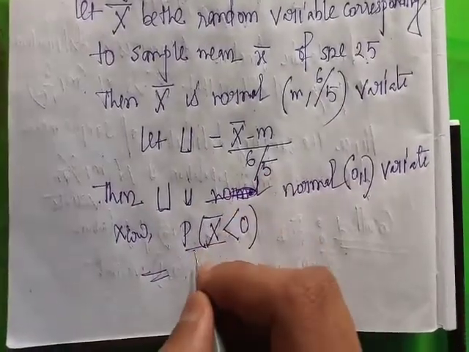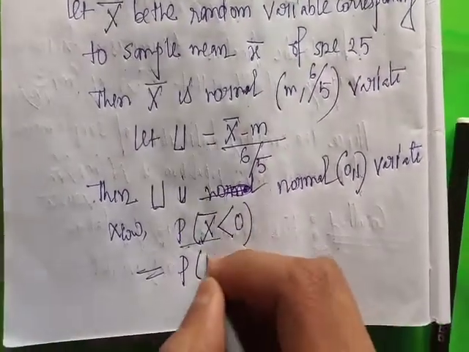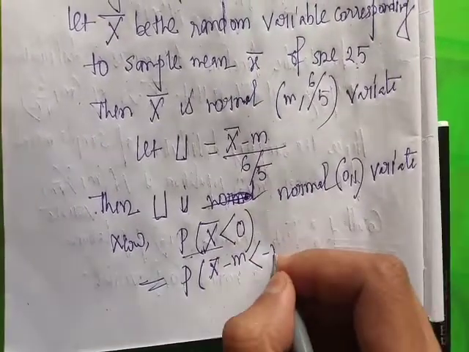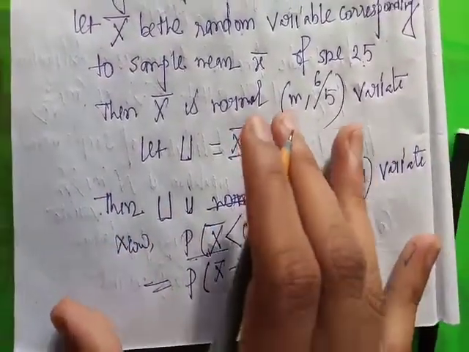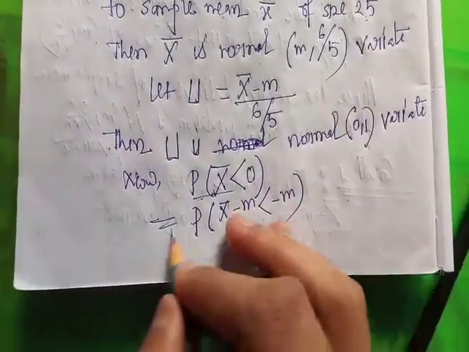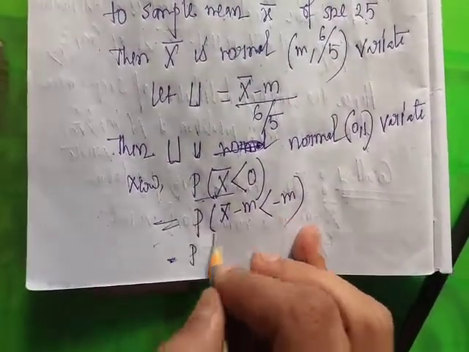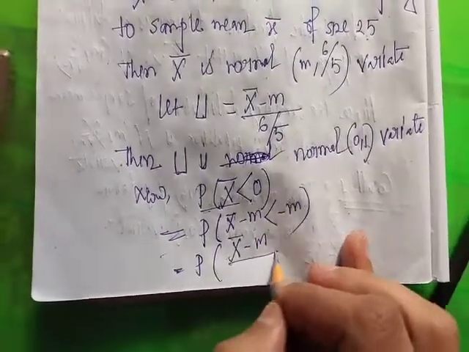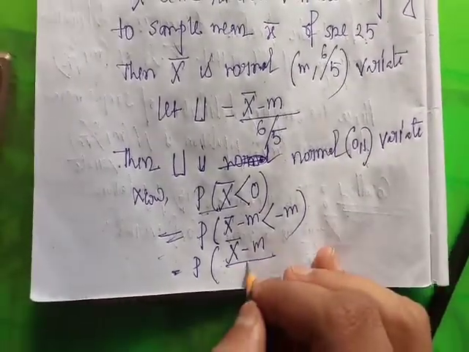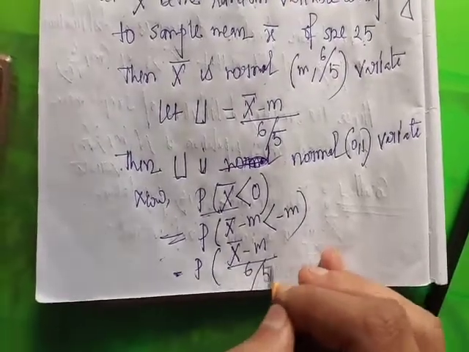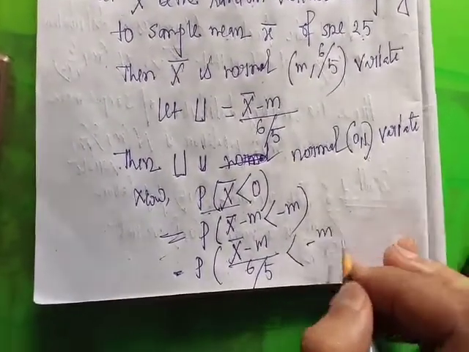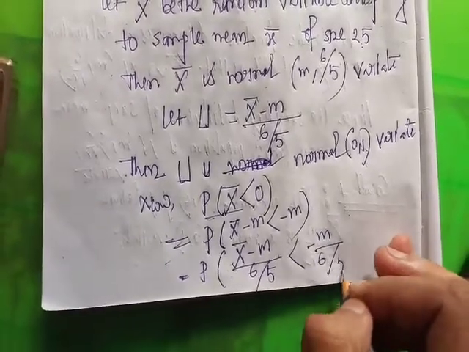Now we will rearrange this term: x bar minus m less than minus m. The next line is the probability of x bar minus m divided by sigma by 5, less than minus m divided by sigma by 5.